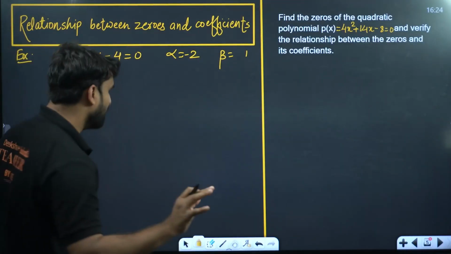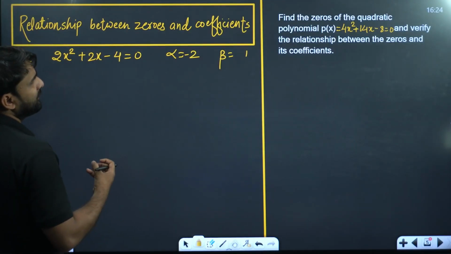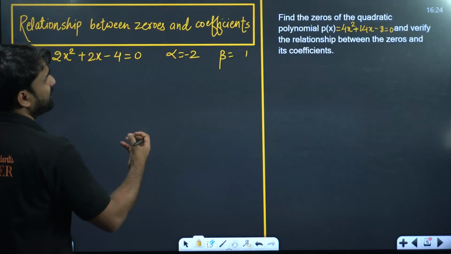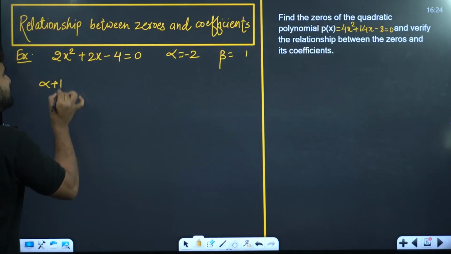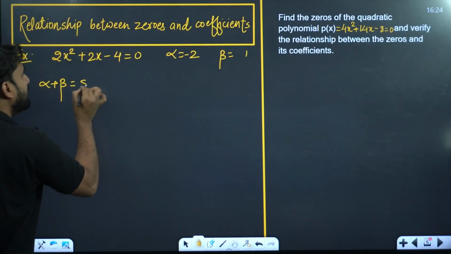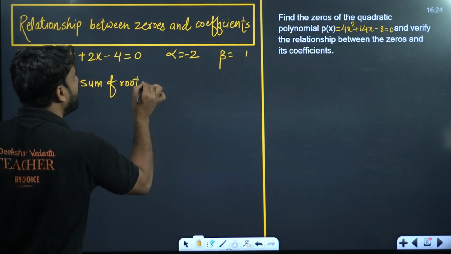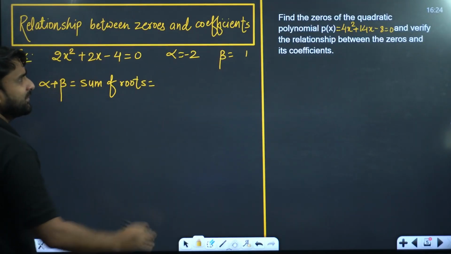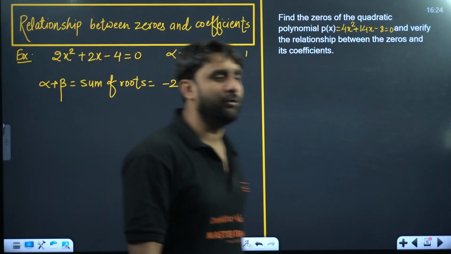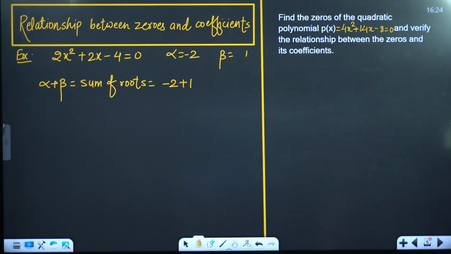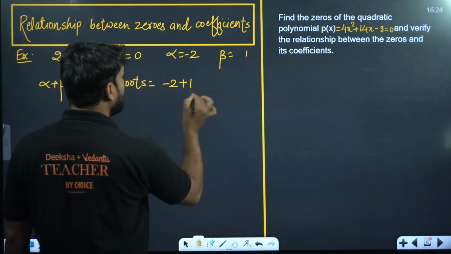Now, let me give you some magical concept of this. My dear, if you add alpha plus beta, I mean, if you do the sum of roots, what will be the result? -2 plus 1. What are you getting here?